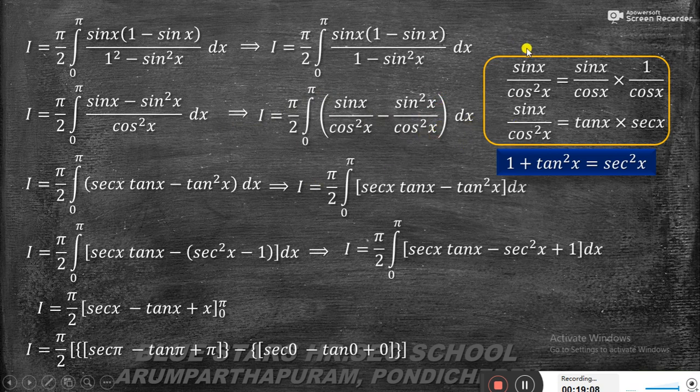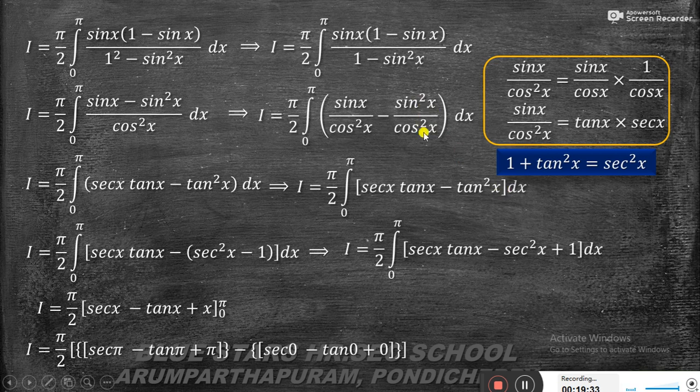Sin x by cos square x, I write as sin x by cos x into 1 by cos x. Sin by cos means tan, and 1 by cos means secant x. So it is secant x tan x. Next, sin square x by cos square x means tan square x.